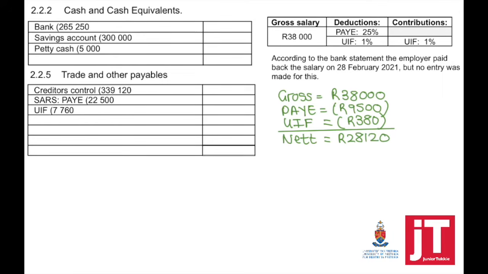The net salary, the employee paid back the money, and this was not recorded, which means we need to take it to our bank. We've received money, therefore plus 28,120. We also need to make adjustments to the SARS pay-as-you-earn, minus 9,500, and UIF, it's always the deduction and the contribution. We're minusing it because we need to take this out of our books.